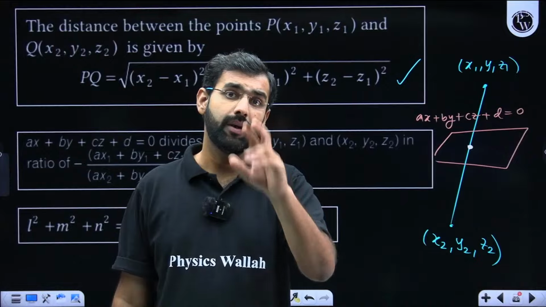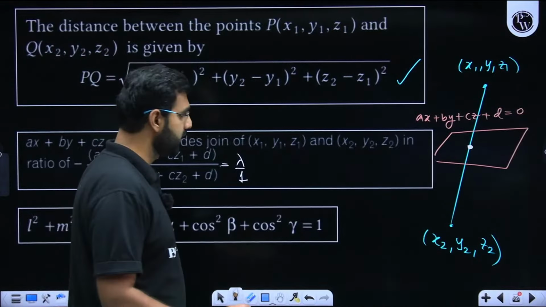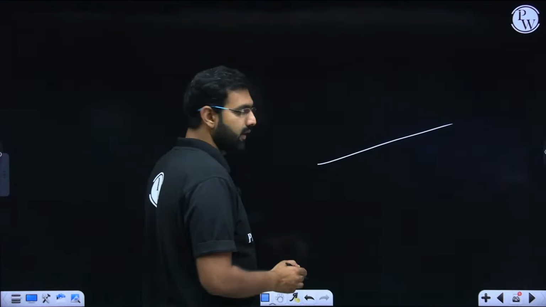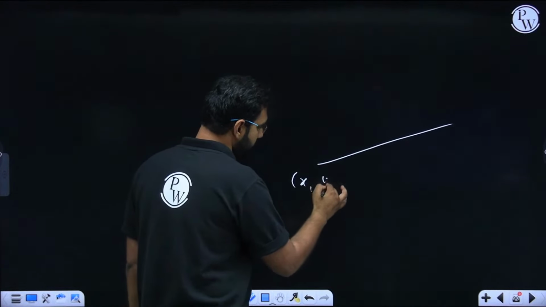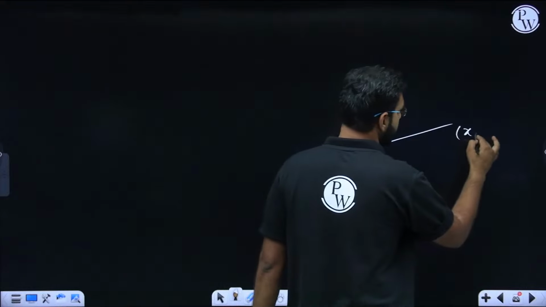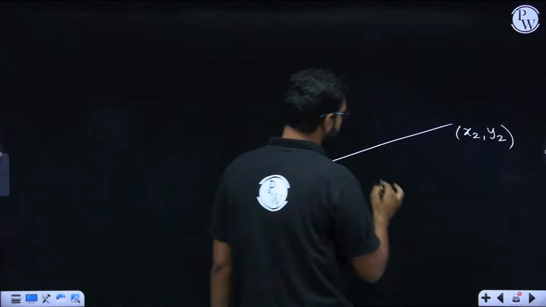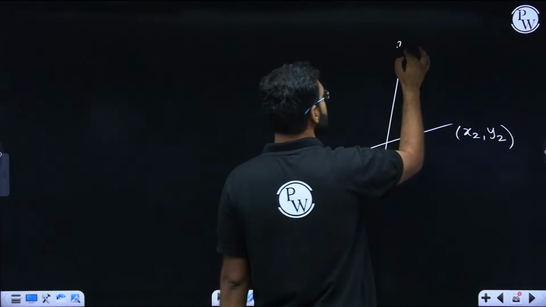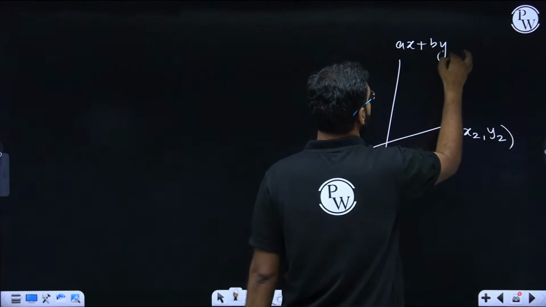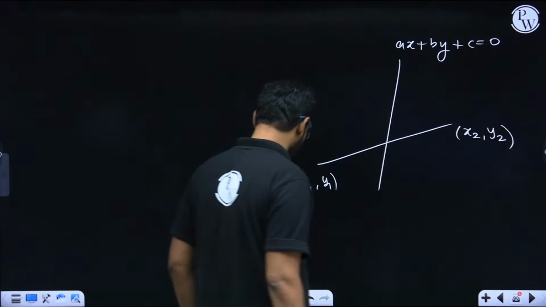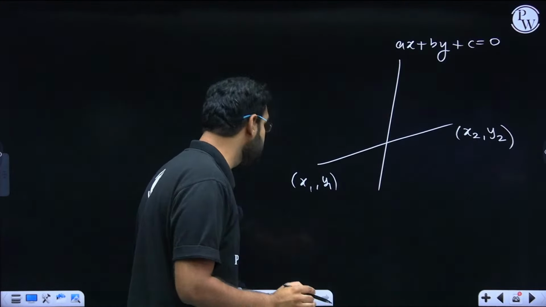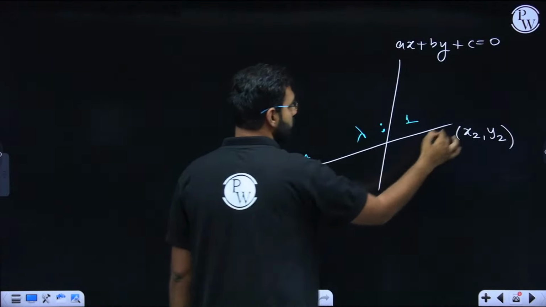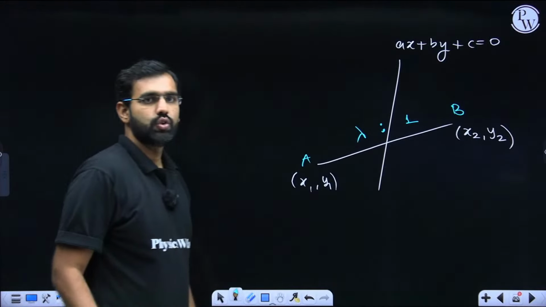The same formula I'll be telling you in 2D. Let's say in 2D, there is a point x1 comma y1, other point is x2 comma y2, and there is a line with the equation ax plus by plus c is equal to 0. If I'm asked in what ratio this line is dividing the line segment created by joining A and B, how do we do it?